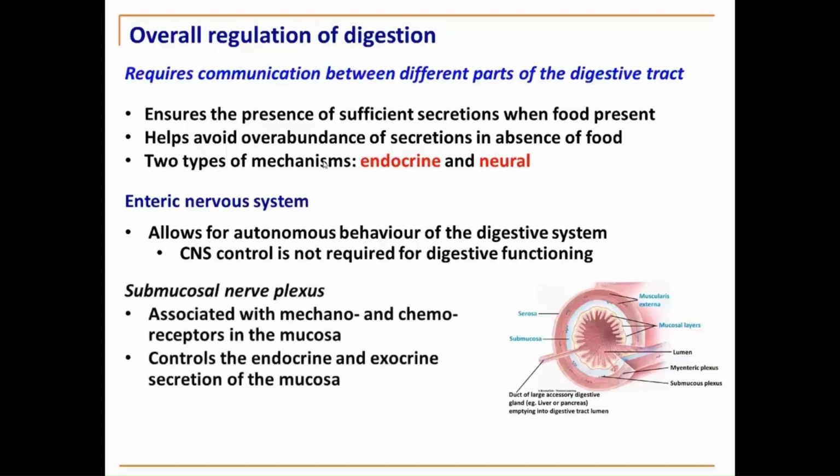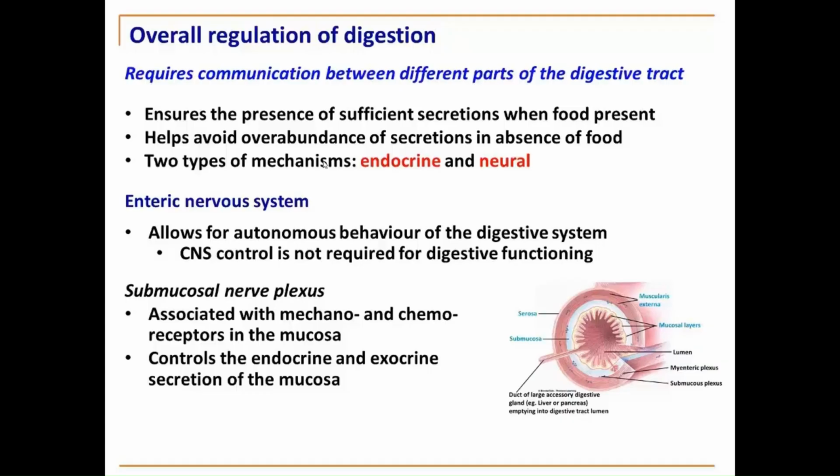So the submucosal nerve plexus, remembering where that is, it's associated with mechanoreceptors and chemoreceptors in the mucosa. So in other words, within the mucosa, you've got all of those pressure receptors, so that's your mechanoreceptors, and chemoreceptors, so detect fats and detect amino acids, for example. So they are telling you what products are coming in to the GI tract.